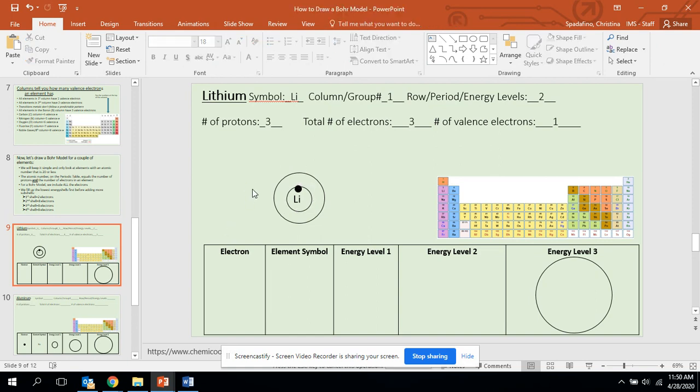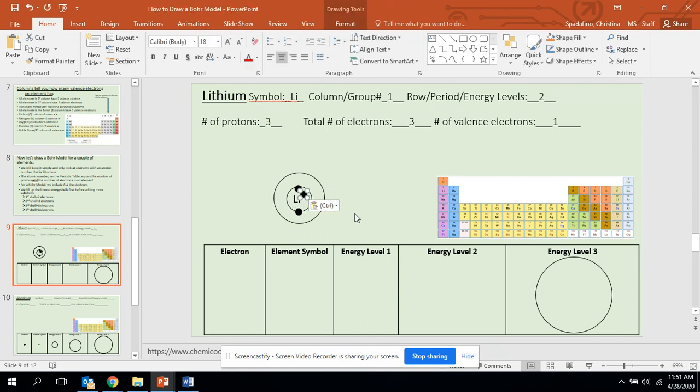You're going to have to probably copy and paste like I just did. Control C and then Control V to paste. Okay, so I now have my first shell is full, but we have 3 electrons.